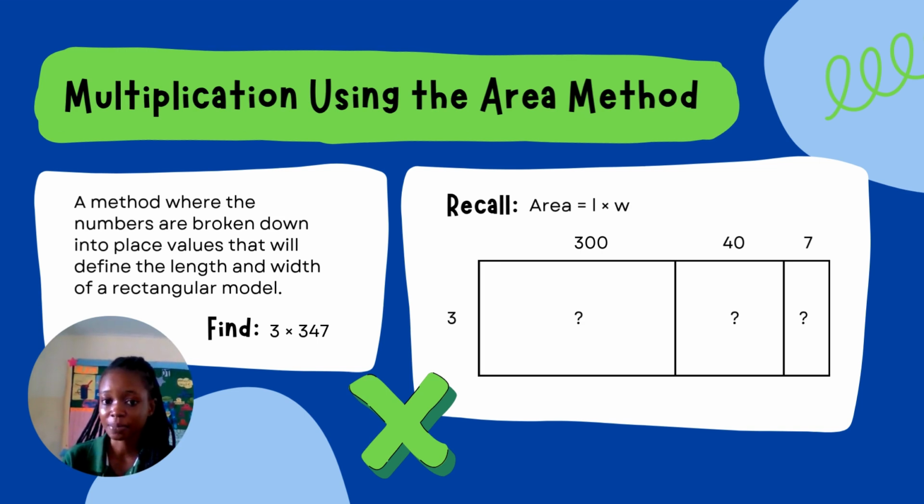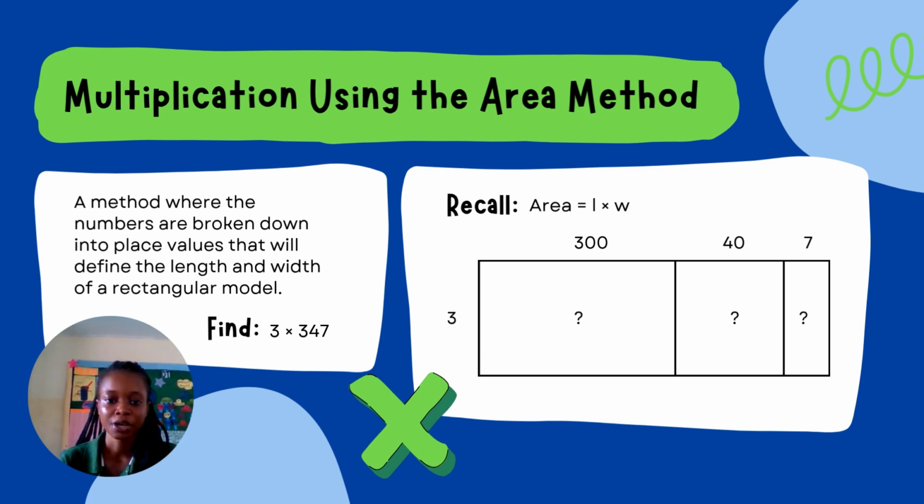The area model is a method where the numbers are broken down into place values that will define the length and width of a rectangular model. We break down the digits into their appropriate place values in a length and breadth rectangular model.